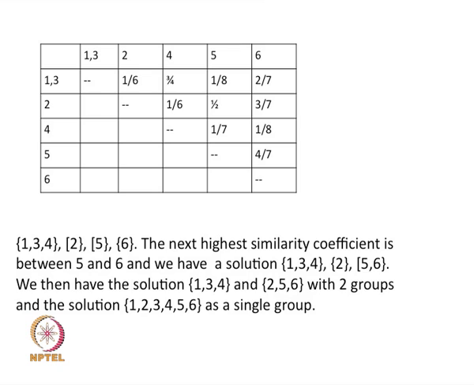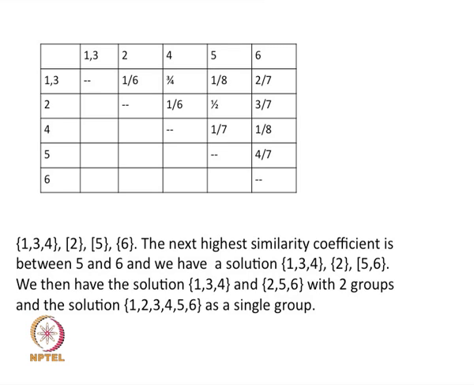From there we came to a solution with 5 groups, where 1 and 3 were grouped together. Then we came to a solution with 4 groups, where 1, 3, 4 were grouped together. Then we come to a solution with 3 groups, where 1, 2 and 3. Then we come to a solution with 2 groups, and then we come to a solution with a single group.